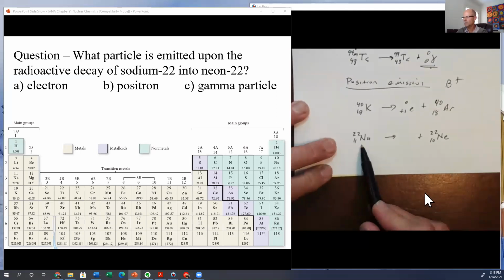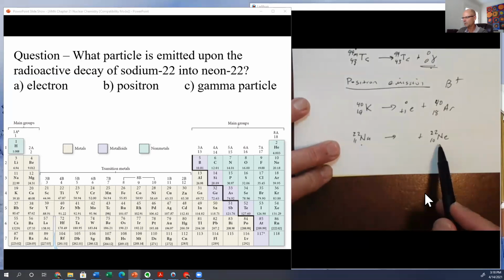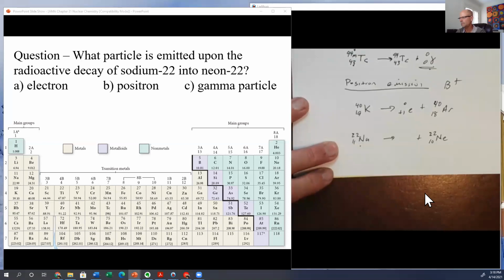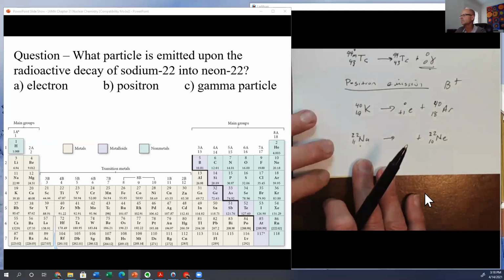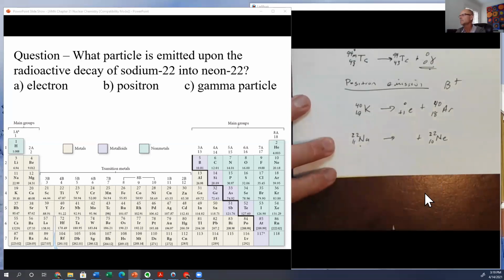Sodium-22 turns into neon-22. So what's the missing particle? All right, very good. Try to answer in the next couple seconds.